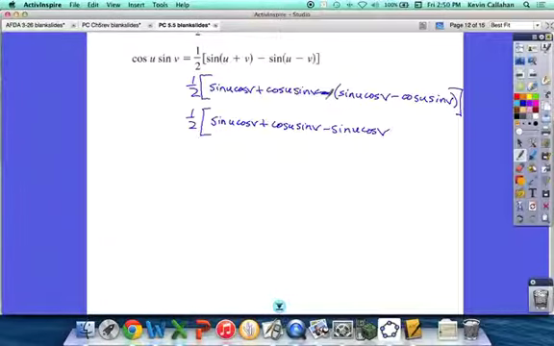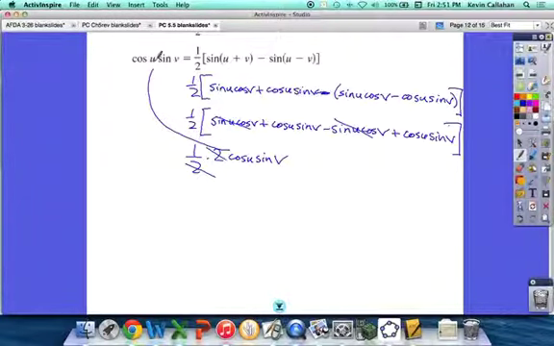Now minus times minus makes plus cosine u sine v, right? I just need the bracket now. Okay, let's see. This term and this term cancel, right? And then these two are the same, so that is 1/2 times 2 cosine u sine v. And the 2's cancel, done.